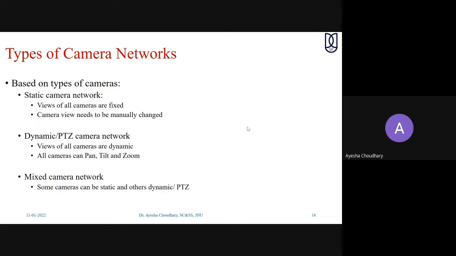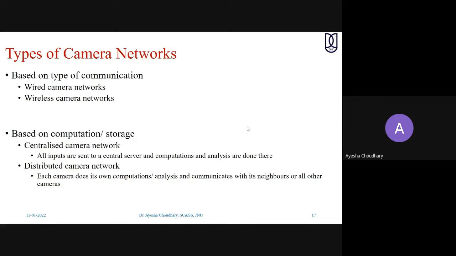And camera networks can also depend on the type of sensor that you are using: an infrared camera, RGB camera, or depth sensor. So depending on the kinds of sensors that you're using, you can also have another type, a mixed multi-sensor camera network. Now, based on the type of communication, you can have a wired camera network depending on how big your room is and what type of communication you require, or you can have wireless camera networks.